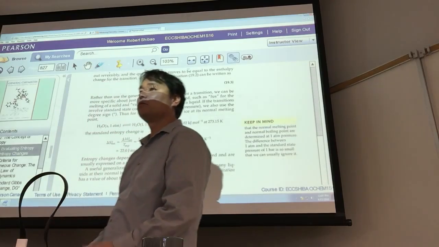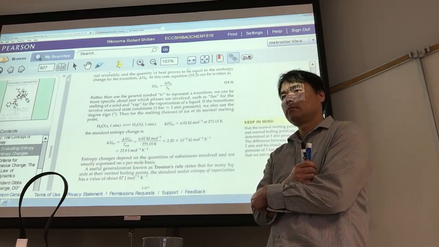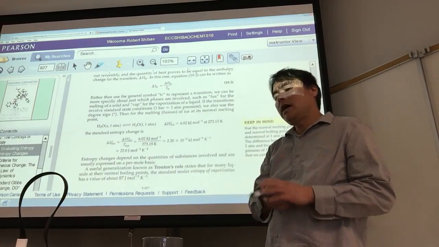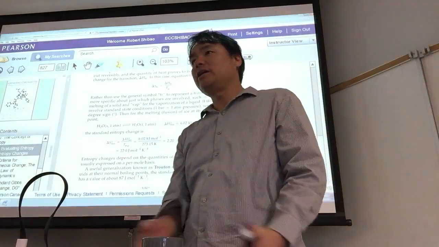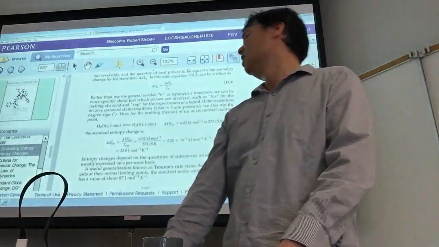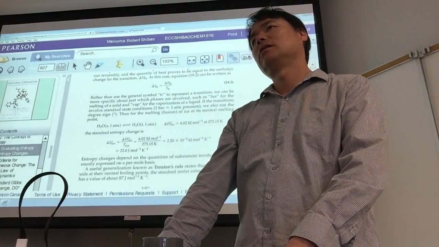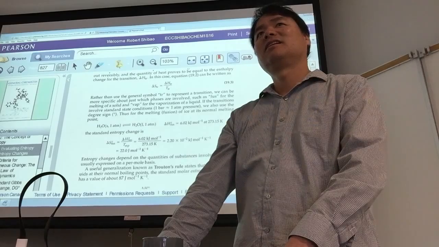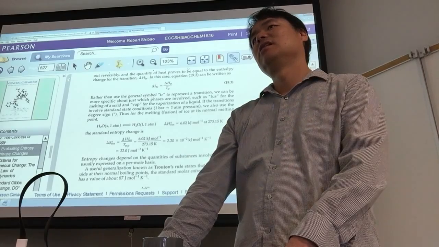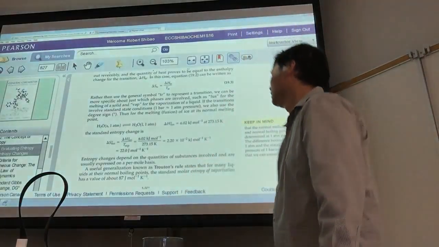A law is some kind of pattern in nature that's reproducible, repeating this pattern. A rule is what? A rule has too many exceptions, typically.